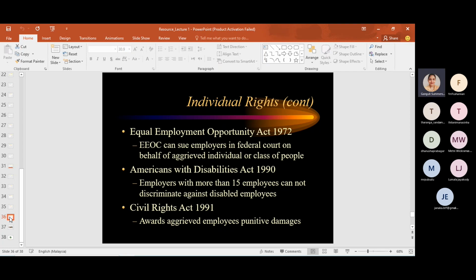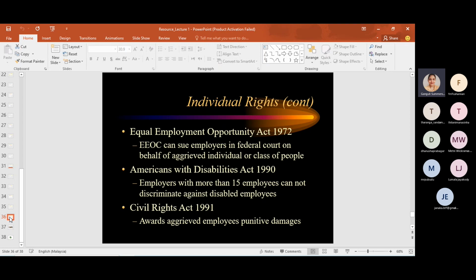And we have the Americans with Disabilities Act made in 1990. This is an act which applies to the United States. According to this act, people with disabilities should not be discriminated against.